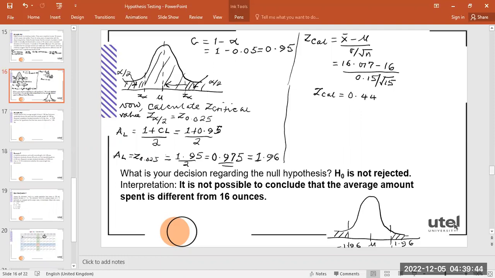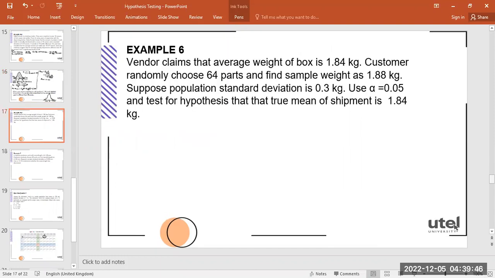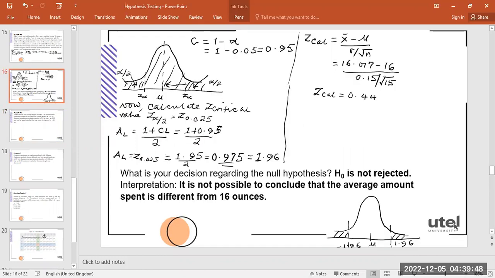Now the next thing we need to do is compare that. Let's not forget that for normally distributed data, the mean is equal to 0. So you can see that our 0.44 will be somewhere here.